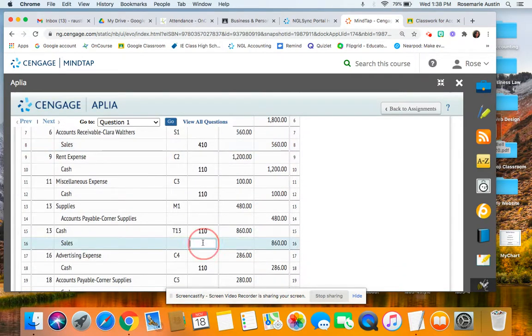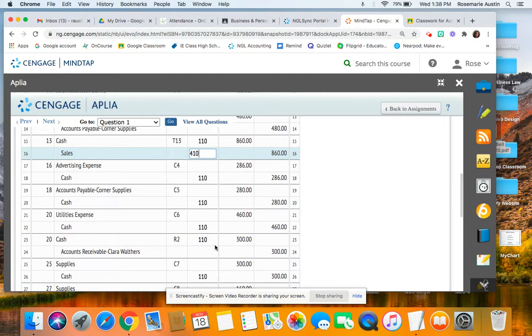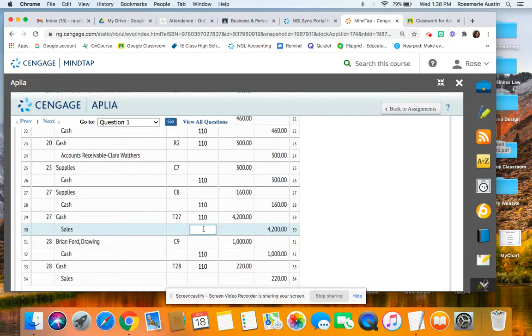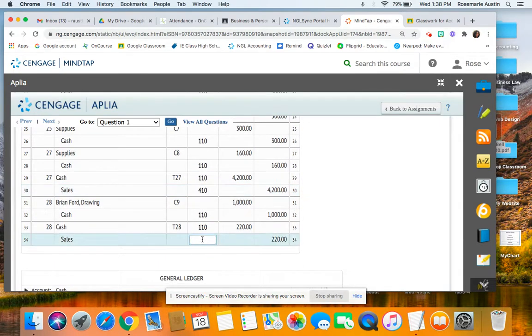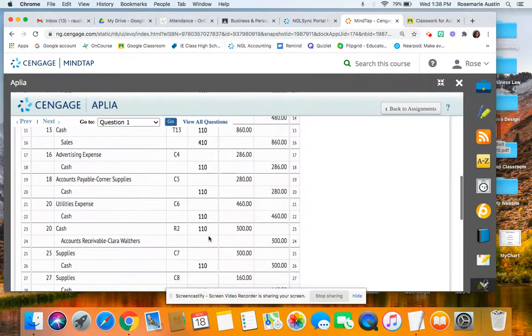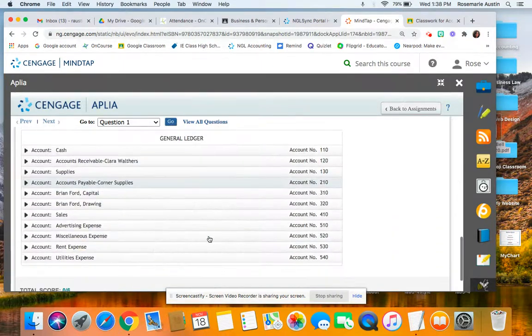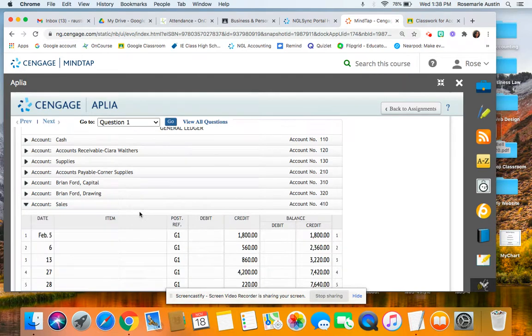Let's see, 410 on the 13th, another 410 on the 27th, another 410 on the 28th. Okay, so let's see, I have 1, 2, 3, 4, 5 sales transactions, and I think that's what we posted, right?